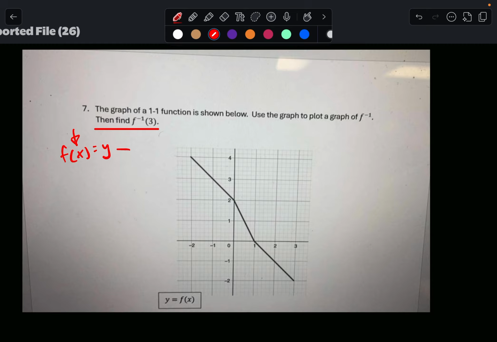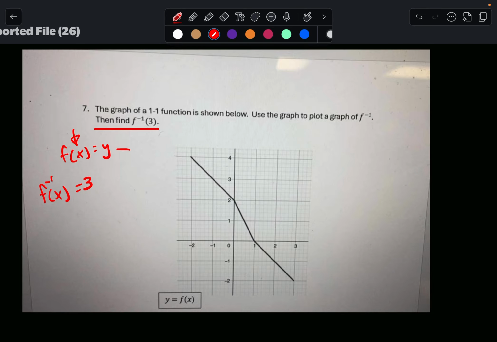We want to find technically when f of x is equal to 3. That's what we're trying to find. We're trying to find our y value, and whatever the x is that makes this 3 when we're using the inverse.